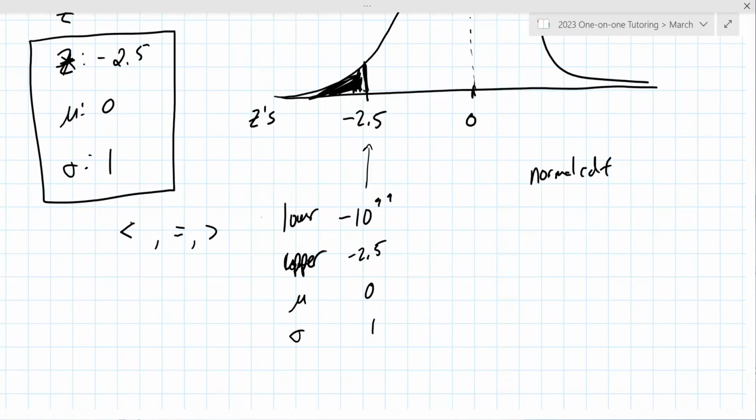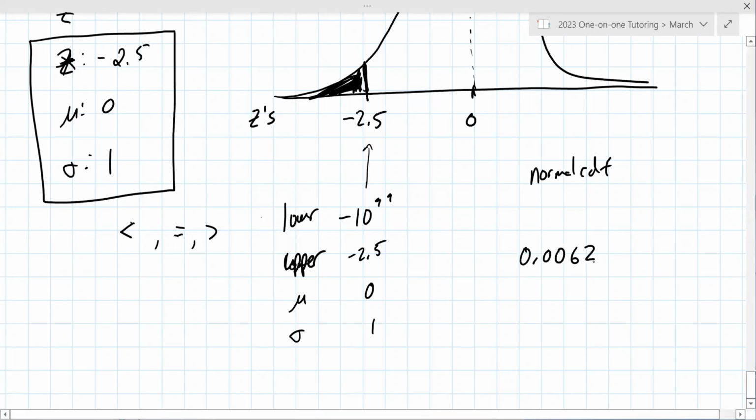It's sometimes not seamless. You should get 0.0062. Yes. Okay, make sure you are comfortable with that.